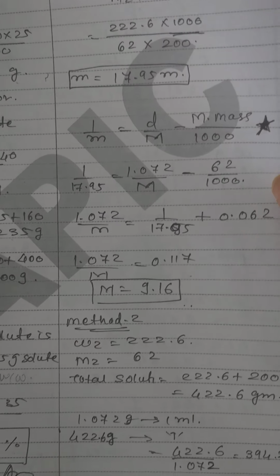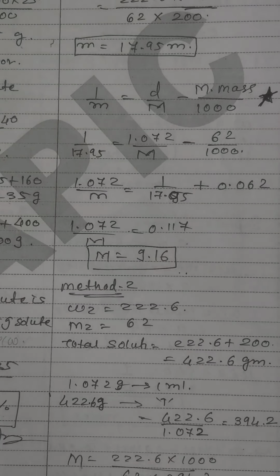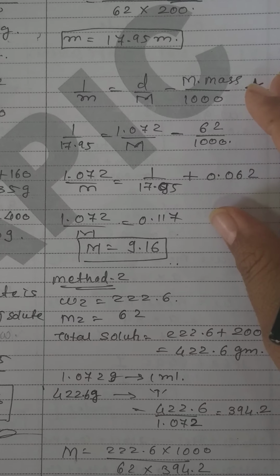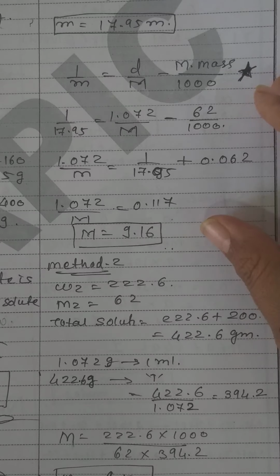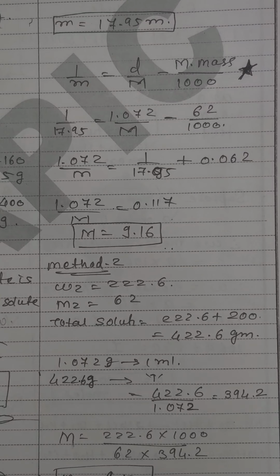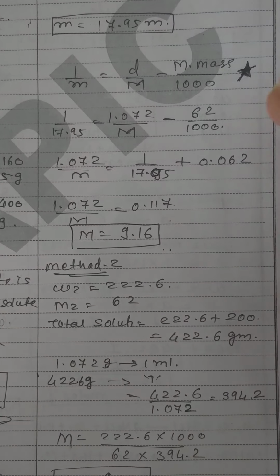Now we want to find the molarity. Now there can be another method also to find the molarity, but we will save our time. So we will remember the formula.